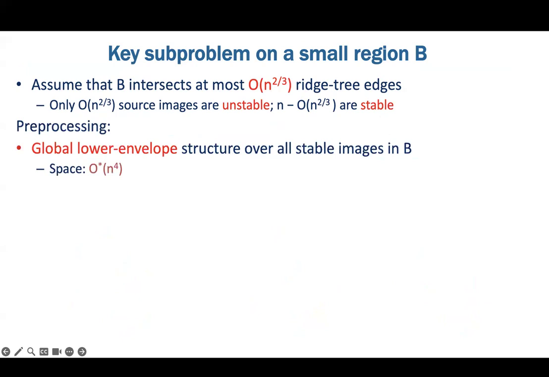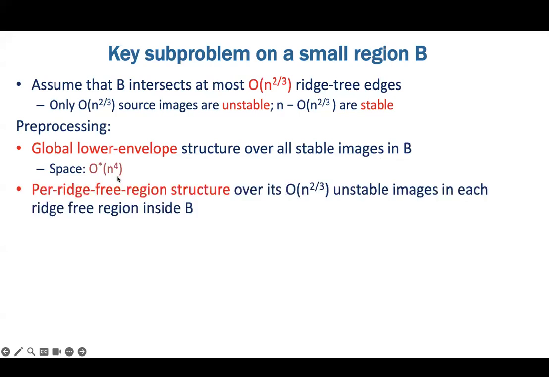In the preprocessing, we build a global data structure for the lower envelope over all stable images in B. That still takes n to the fourth time. But then we build a local structure per ridge-free region inside B. We know that B has this many ridge tree edges, and therefore it has this many ridge-free regions.